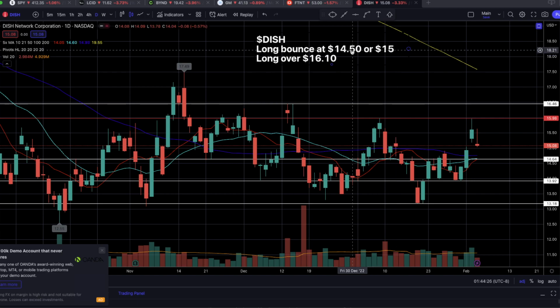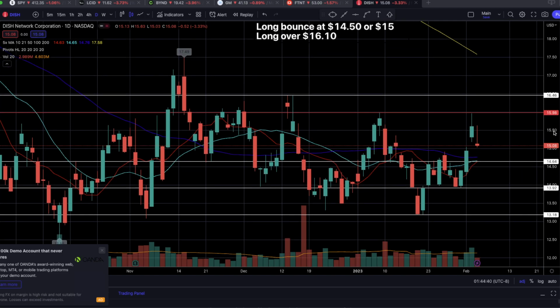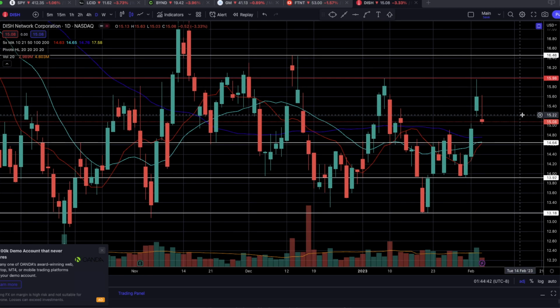Now, why 14.50? Well, if the price decides to move lower, especially if the market decides to move lower as well, it can affect this name to move lower and eventually hit around 14.50. And why do I also say that? Well, we have our major SMAs. They're all coiling here. The 10, which is the red one, the 21, which is my light blue one here, and then the 50, which is my dark blue line here.